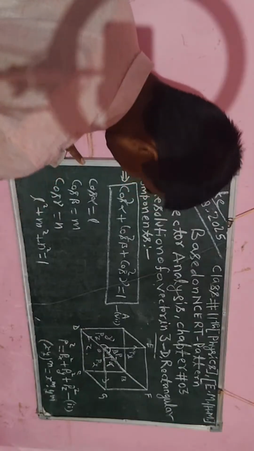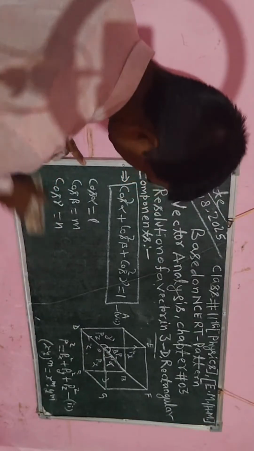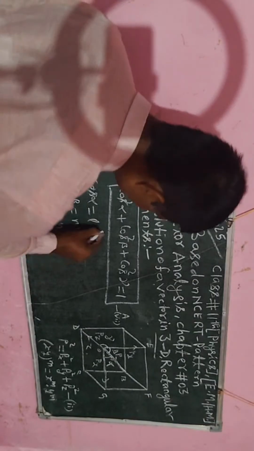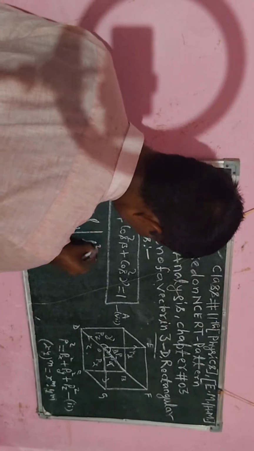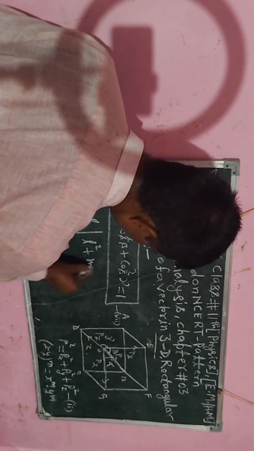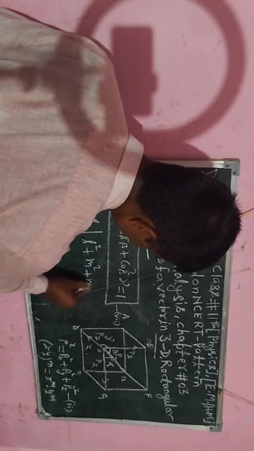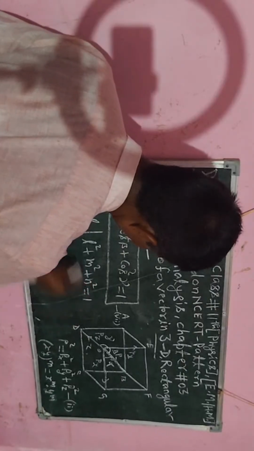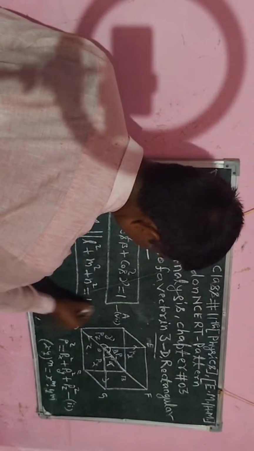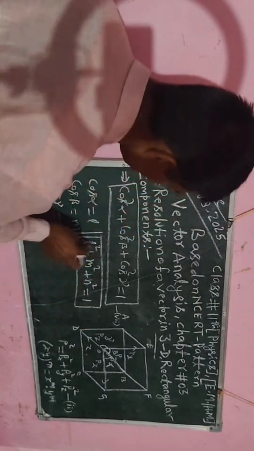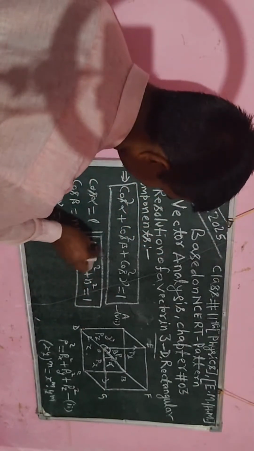So we have to follow it positively. Okay. So properly I am going to write here n square plus m square plus n square, that will be 1, and that is obtained from the above formula. Okay. We have to remember it positively.